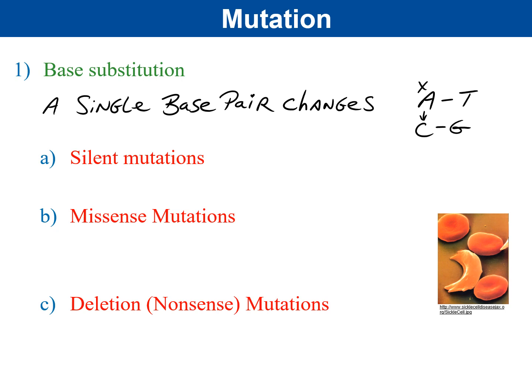Now, whether that base substitution causes any harm is another factor we can take into account. So silent mutations would be mutations where no harm was done. We would also describe it as a neutral type of mutation.